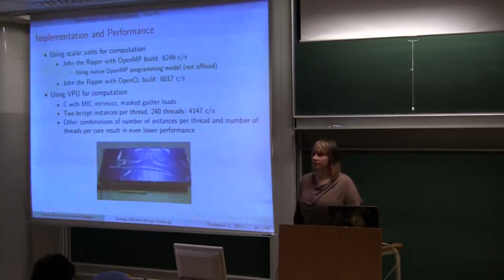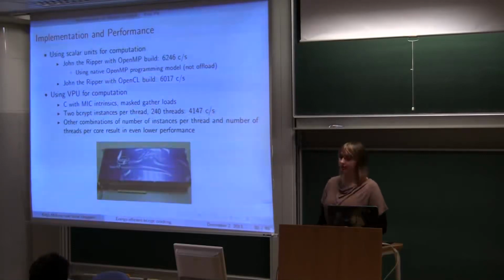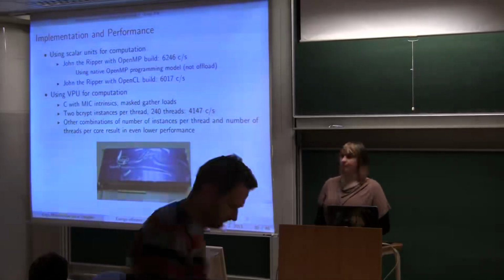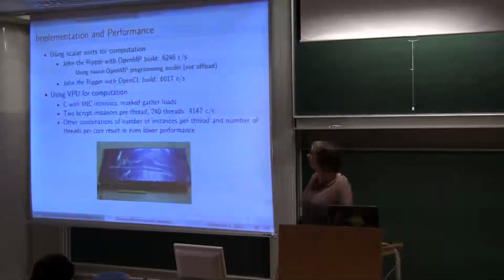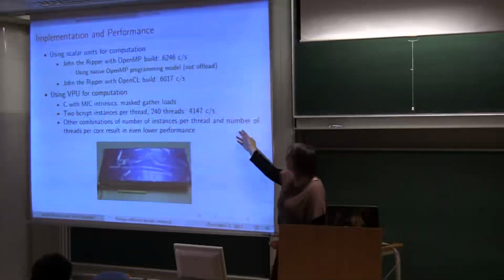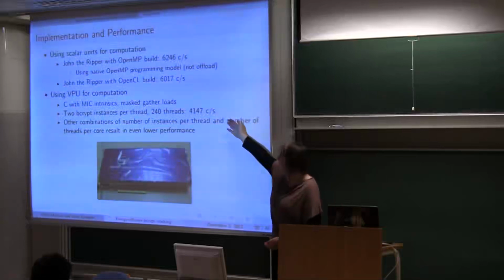Because of that, we need 4 kilobytes for S-boxes and 72 bytes per P-boxes, which gives us 7 instances running per core. So we tried all that, and with all possible combinations, this was the one that resulted in the highest performance.